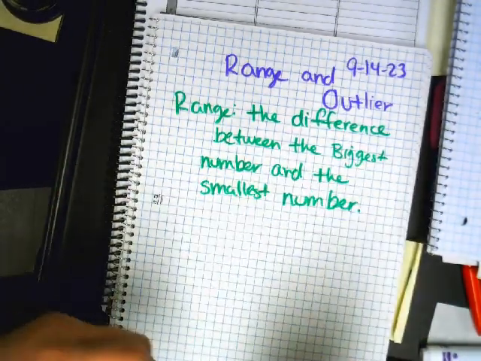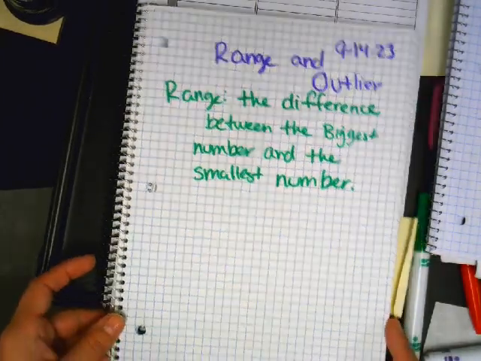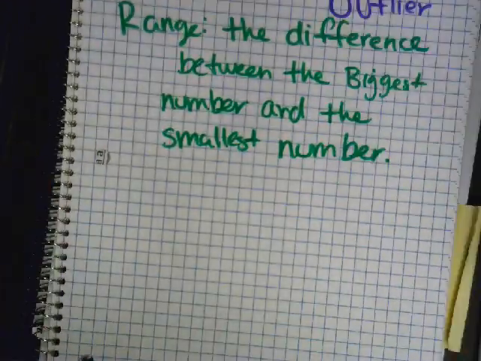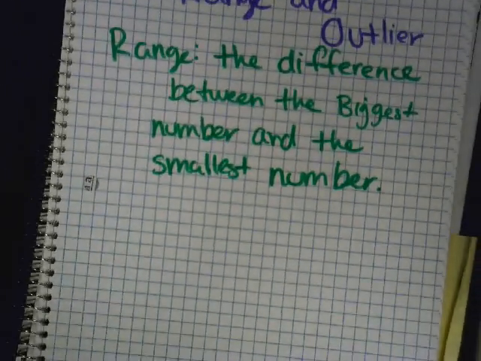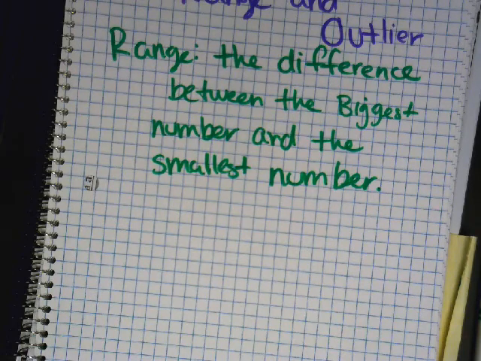Okay? So range is the difference between the biggest number and the smallest number. What does the word difference mean in math? Subtraction. Difference means subtraction in math.